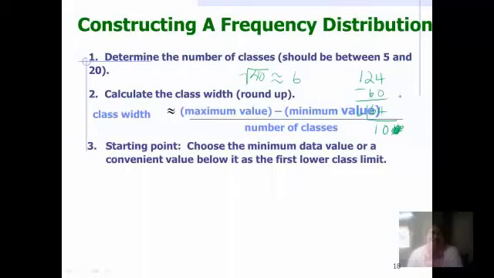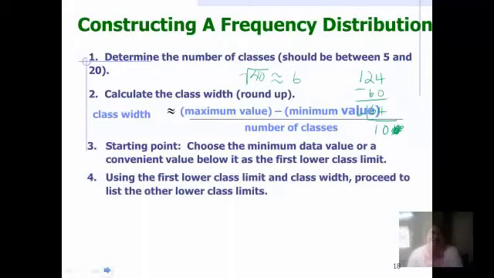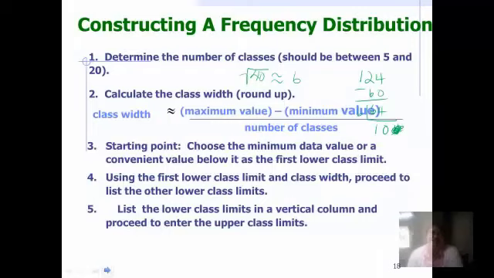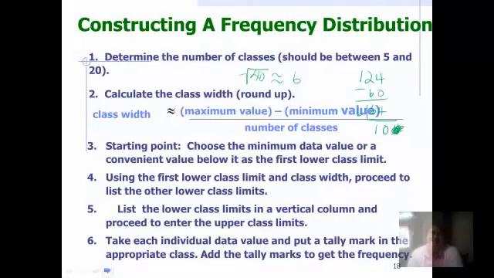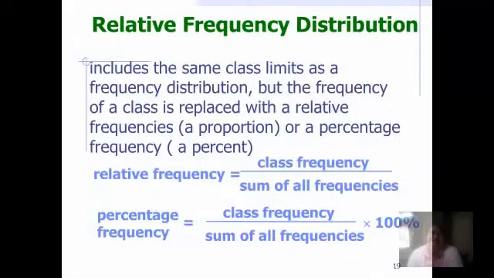So if our minimum value was 62, we'd still use 60 because that makes sense when our class width is 10. Then using the first lower class limit and the class width, we list all the other lower class limits, and then we find the upper class limits. And then we simply put a tally mark in the appropriate class.